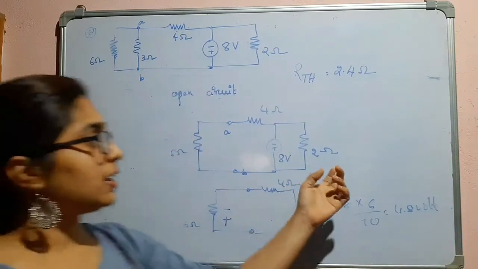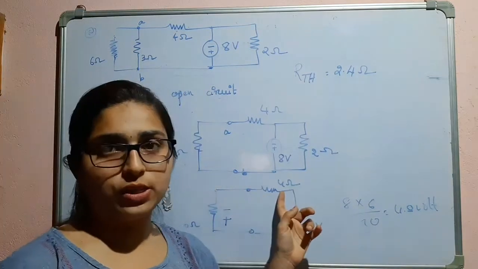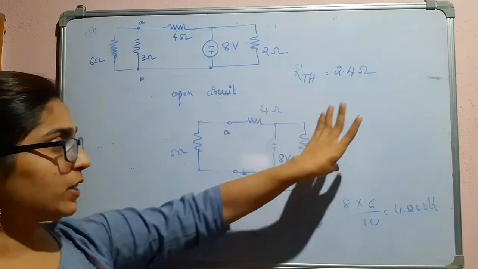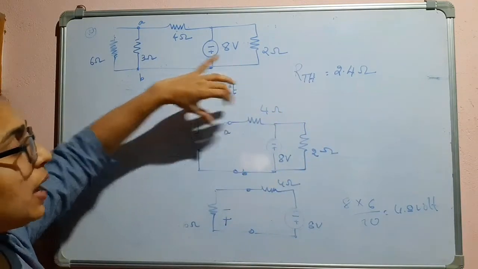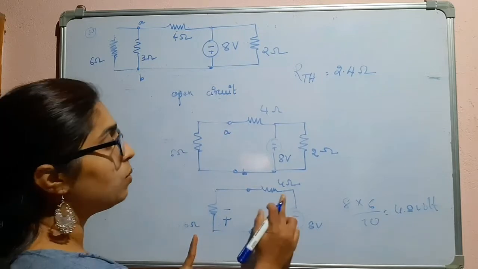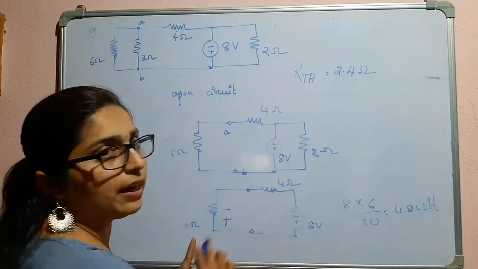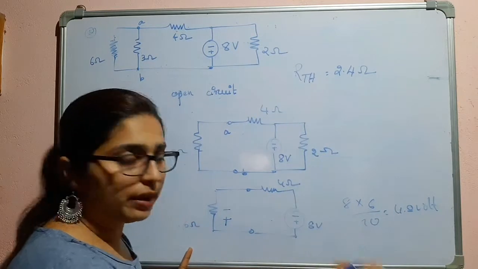The reason I am not considering the 2 ohm is that it is in parallel with the voltage source, so the voltage across the 2 ohm is also 8 volts, and here we can easily apply the voltage divider rule across 6 ohms and 4 ohms. So I am neglecting this 2 ohm resistor.